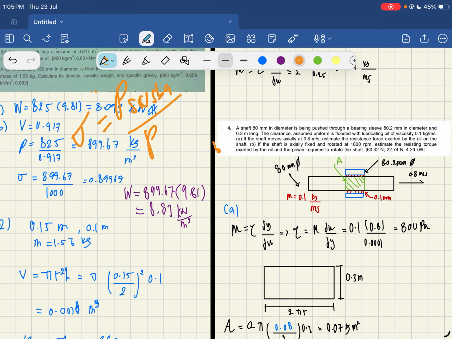In general, we will use the density of water as our parameter. So that's why we divide by 1000, and we'll get 0.89967.